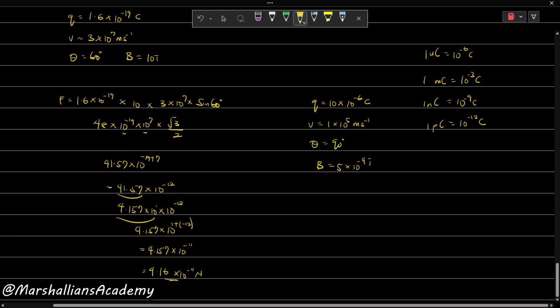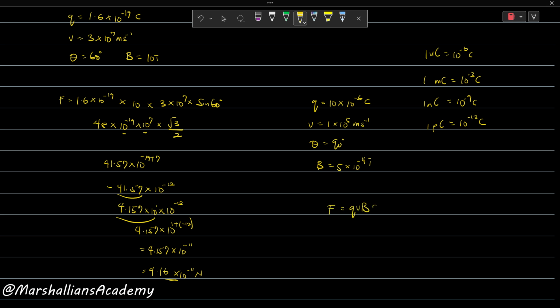Calculate the force. Same formula. Lorentz force is equal to QVB sine theta. Sine 90 is equal to 1, so I could just ignore the sine theta. And I'm going to have 10 times 10 raised to the power negative 6 times 1 times 10 raised to the power 5 times 5 times 10 raised to the power minus 4.